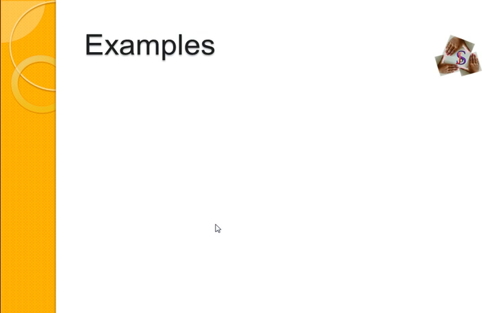My next few examples are a combination of all the four operations. Example 1. Simplify minus 25 minus brackets minus 14. Now what does this bracket indicate? This bracket indicates of, that is multiplication.